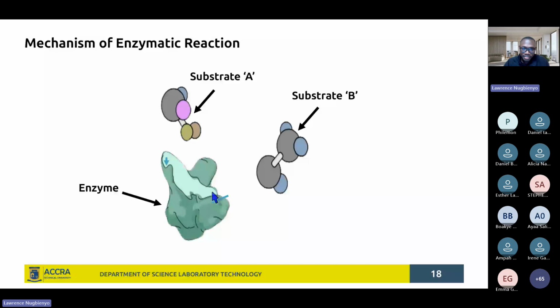And you have a substrate. So we have two substrates, substrate A and substrate B. These are the two molecules that are to react. They are the reactants. And the enzyme is to catalyze the reaction between these two substrates.